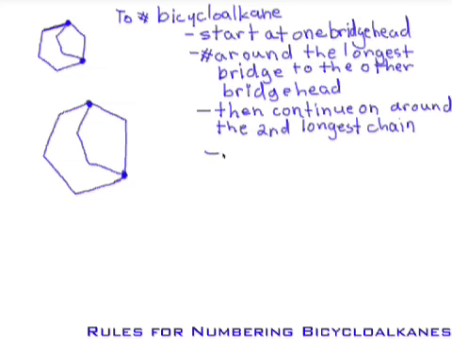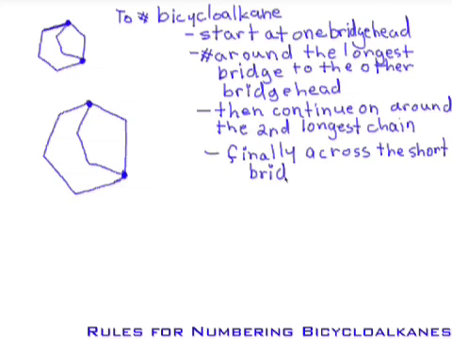And then finally, across the shortest, I'll just say the short bridge. So basically you're numbering from bridgehead to bridgehead.